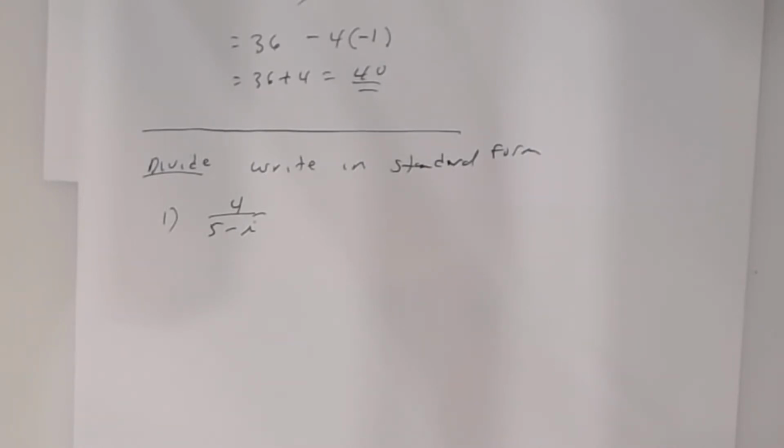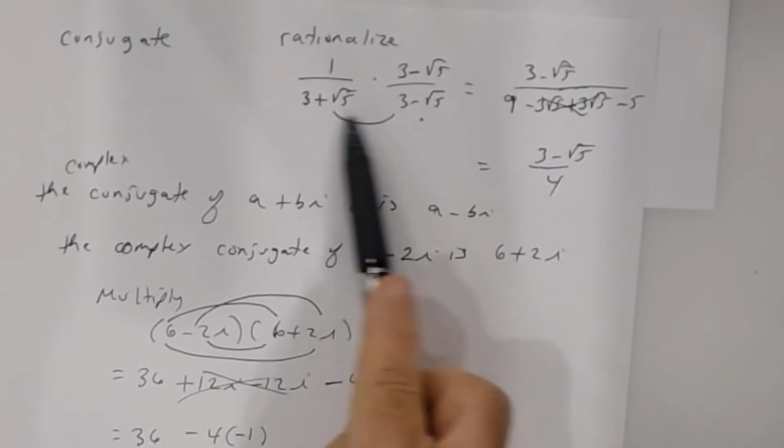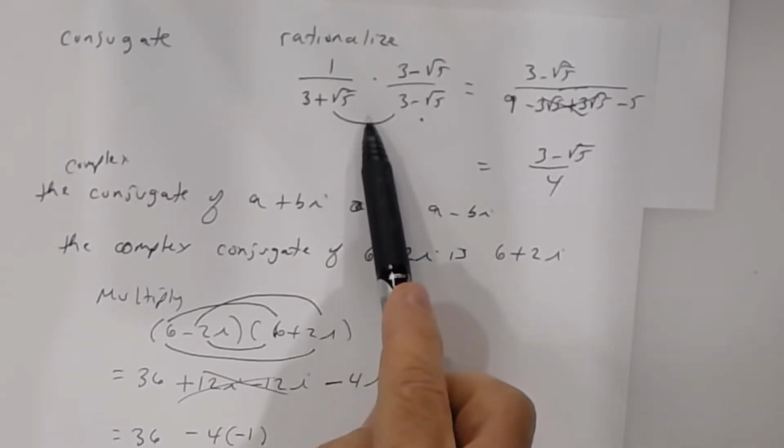What will be your next step? Multiply numerator and denominator by the conjugate. Okay, same thing here. So the idea is when we rationalize this denominator, we wanted to get rid of the irrational numbers.